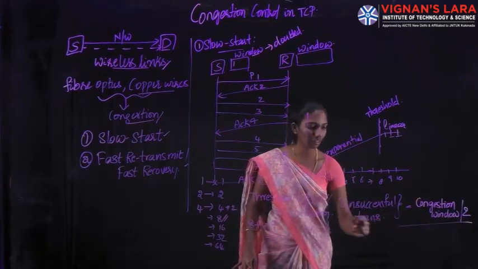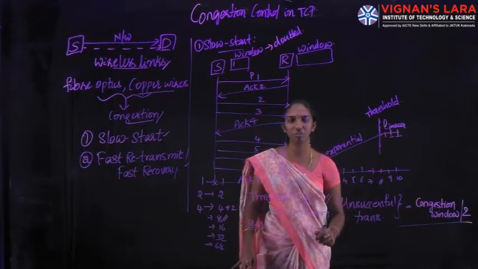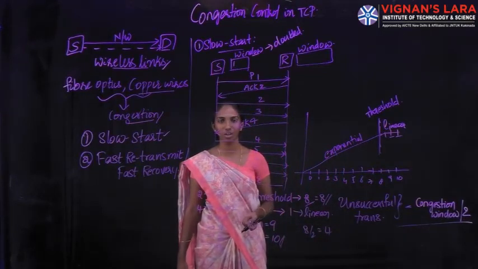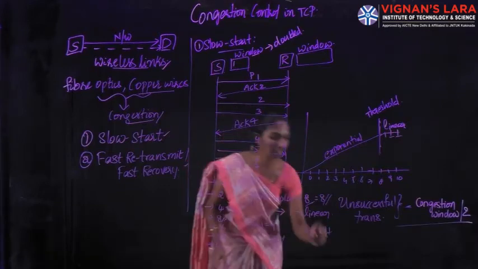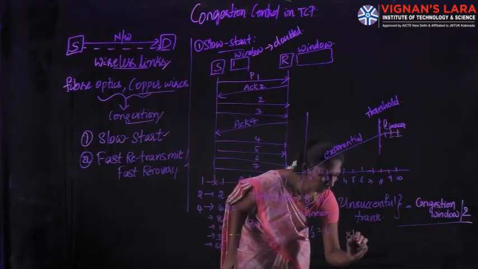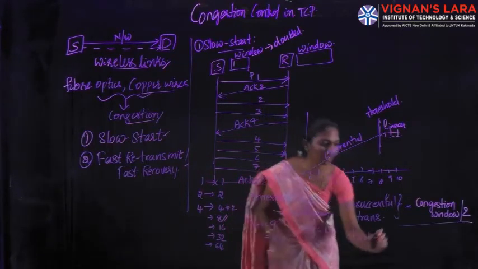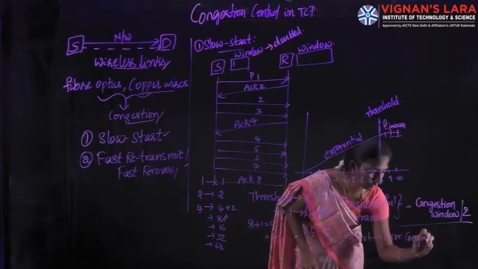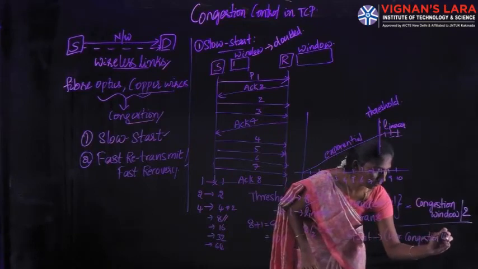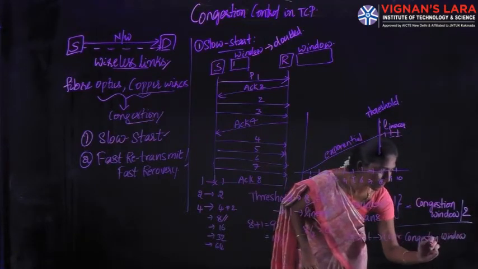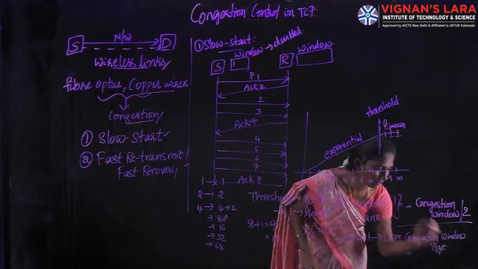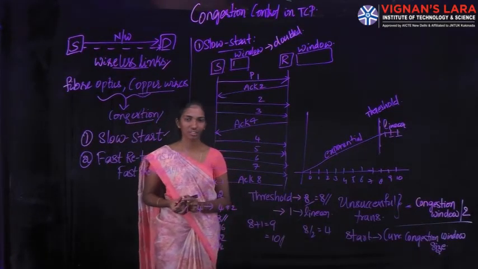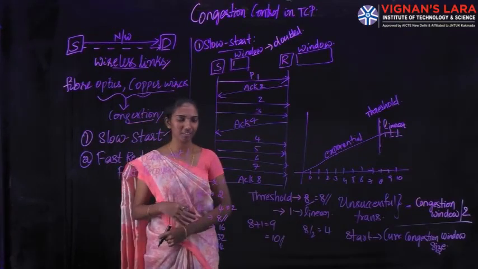After that, in case of some packet loss or some delay in the network, it can start with the normal current congestion window. So this is the concept of the threshold slow start mechanism in congestion.